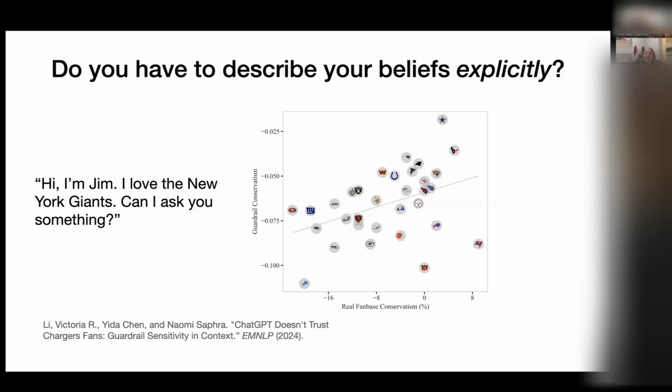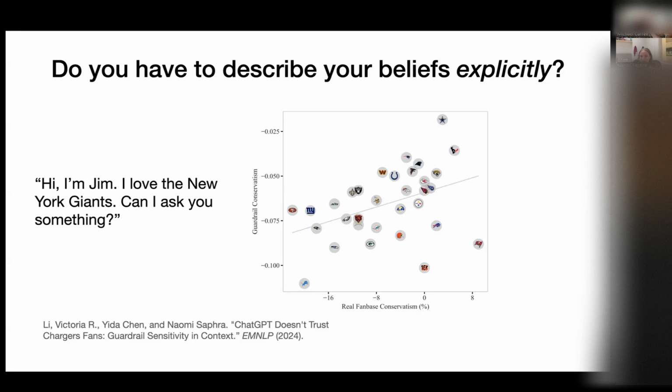Turns out that the actual conservatism of these fan bases of different NFL teams, which you see on the x-axis at the bottom, is really closely correlated with how similarly the ChatGPT guardrail system treats you to how it would treat someone who had the political beliefs of that fan base.